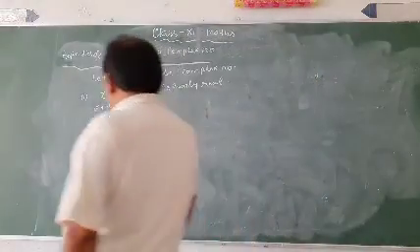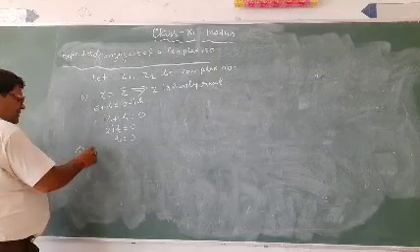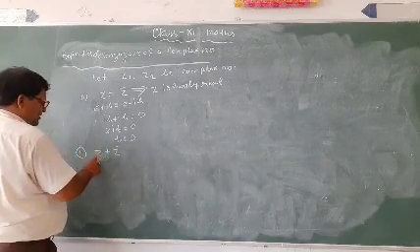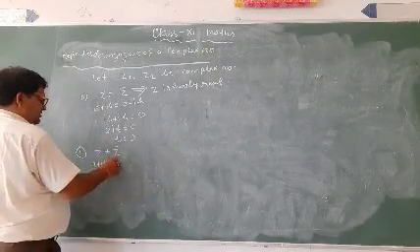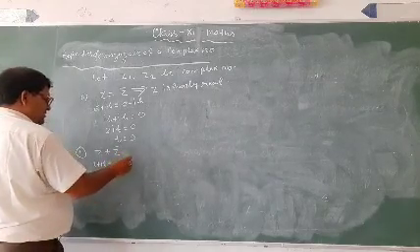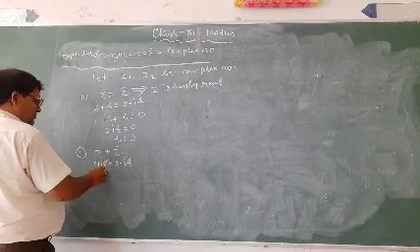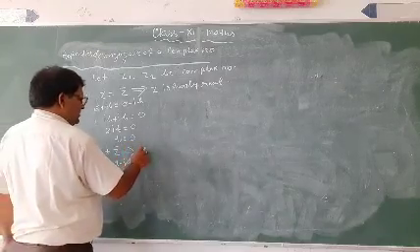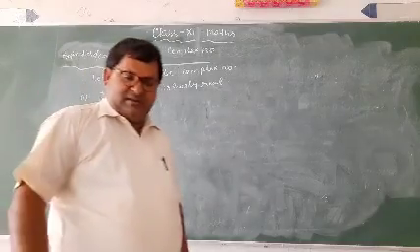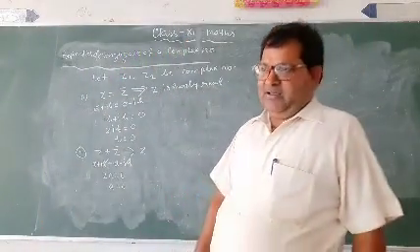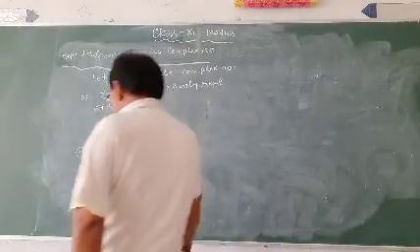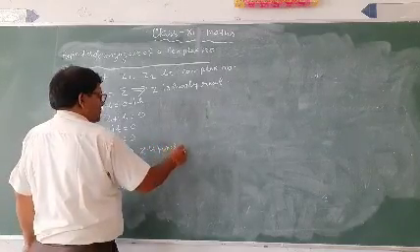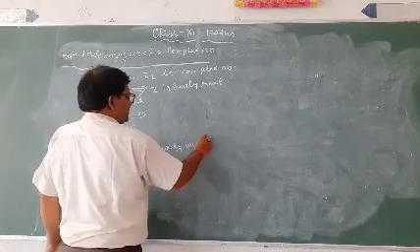Now the second property: z plus z bar, a plus ib, a minus ib. 2a equal to 0 and a equal to 0 implies that z is purely imaginary.